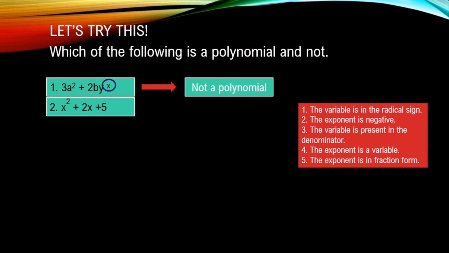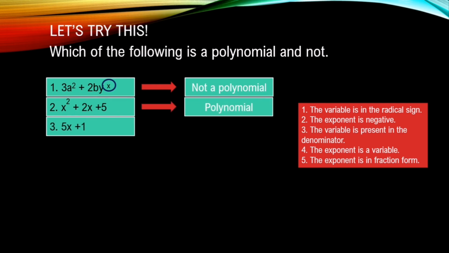So that makes it not a polynomial. Let's have number 2. Given is x squared plus 2x plus 5. Is there a statement from the right side that tells us that the given is not a polynomial? None. So number 2 is a polynomial. Number 3, 5x plus 1. Is there a statement that tells us it is not a polynomial?